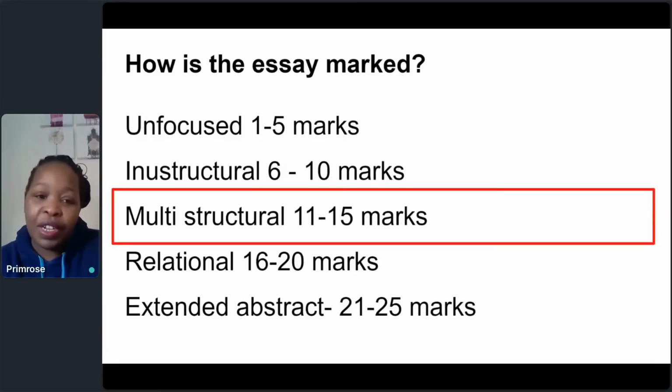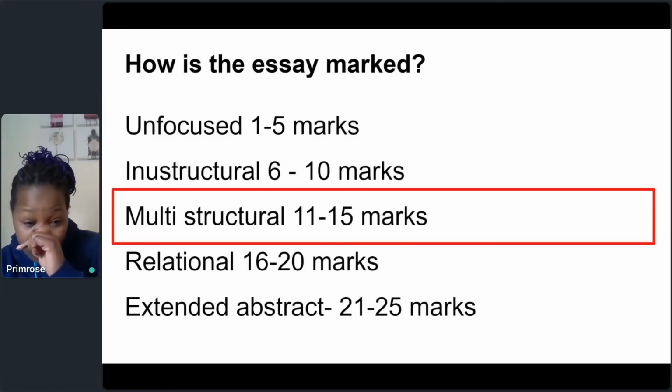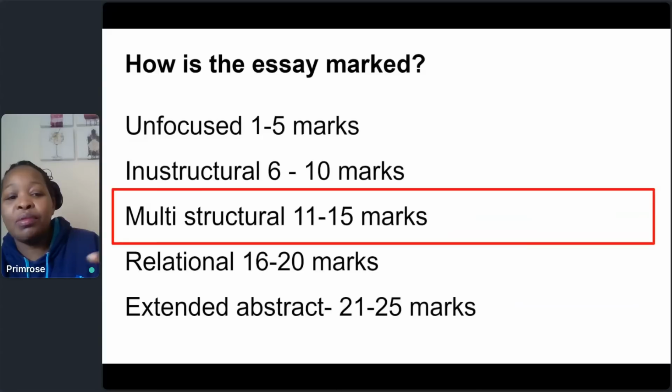What I would advise you is start with multi-structural, get 15 marks, then know what you need to do to move it to relational. And then once that's secure, then you can move it to extended abstract. Because to write an extended abstract, everything else in the relational and multi-structural has to be ticked.